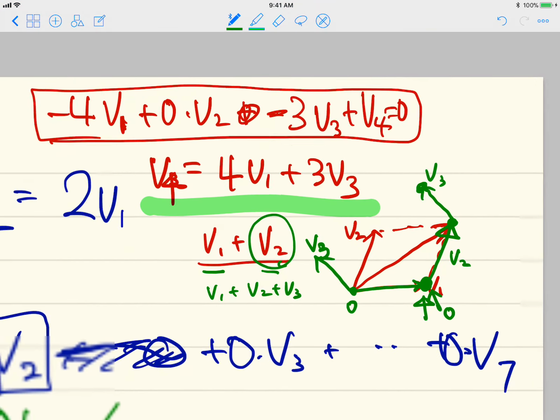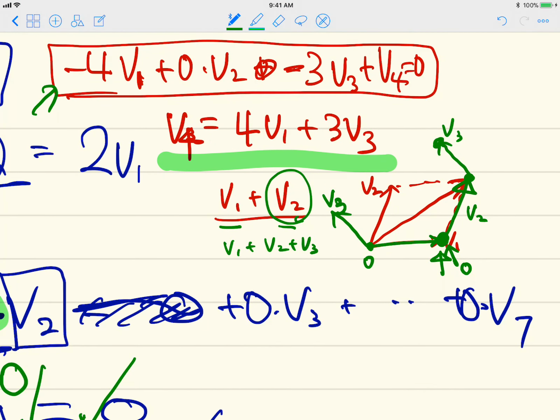Now let's think about this case. We are given vector v1 and multiply it by -4. You know how to form -4 times v1: if v1 is here, we reverse the direction and extend the length of the vector by 4 times. That will be our first destination.